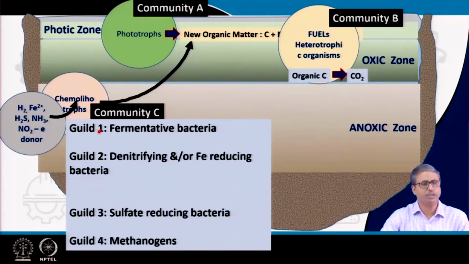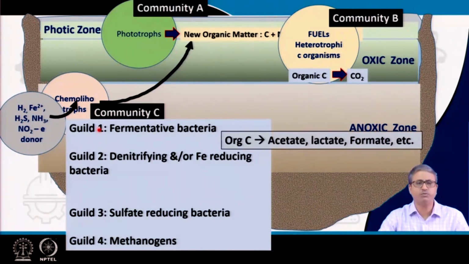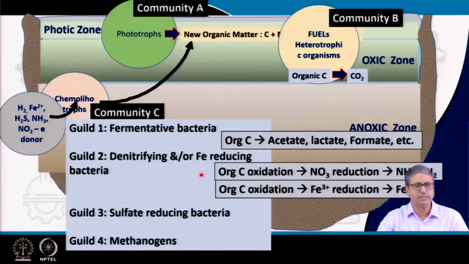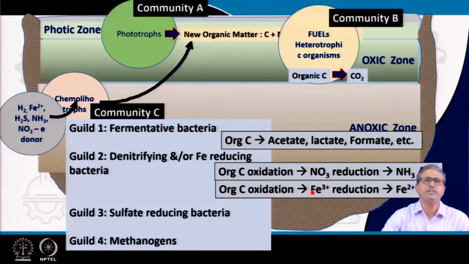The guild A or guild 1 is the fermentative bacteria, which are responsible for utilizing the organic carbon and fermenting it to acetate, lactate, formate, etc. under the anoxic condition, because oxygen is not there. Guild 2 could be represented by the denitrifying or the iron reducing bacteria, who will use nitrate as a terminal electron acceptor, forming ammonia or nitrogen from nitrate, or will reduce Fe3+ as their terminal electron acceptor and produce Fe2+.